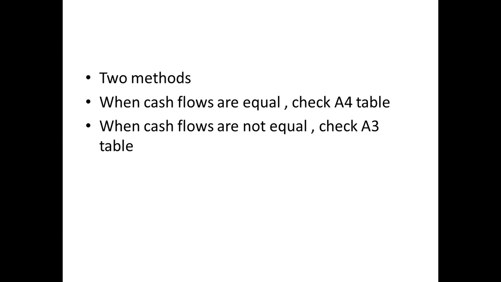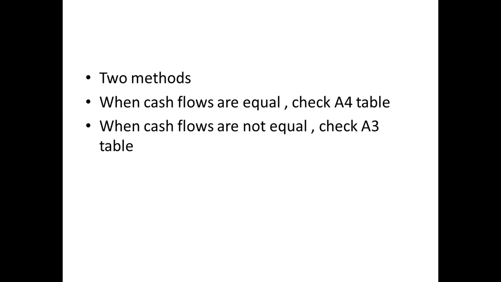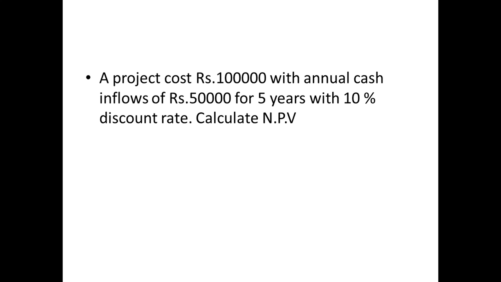So let's do a problem on equal cash flows, that is, annuity cash flows. A project costs rupees 1 lakh with annual cash inflows of 50,000 for 5 years with a 10% discount rate. Calculate NPV.